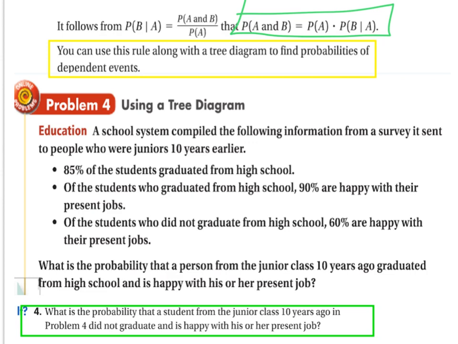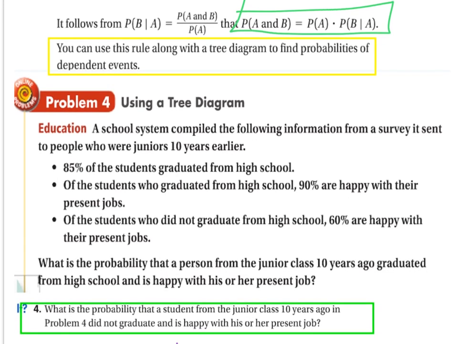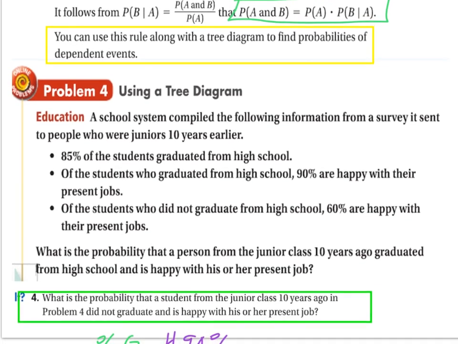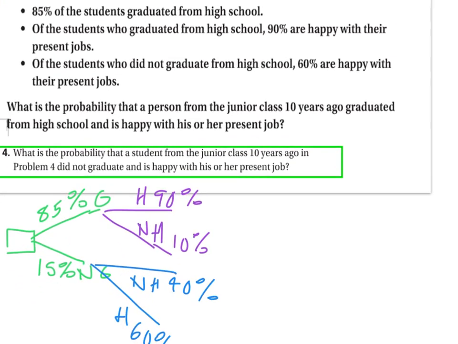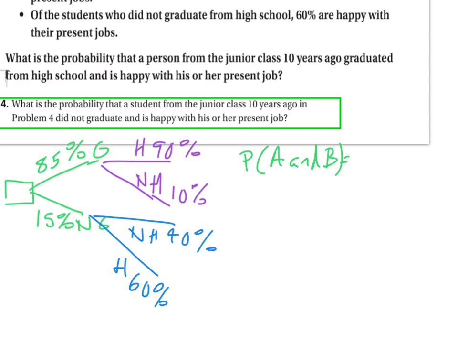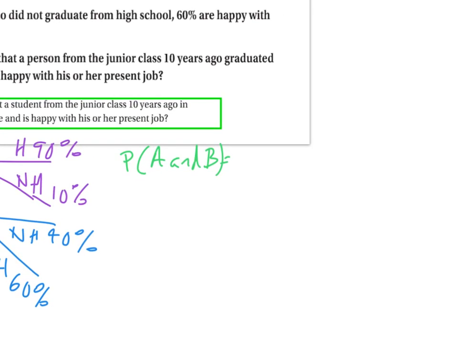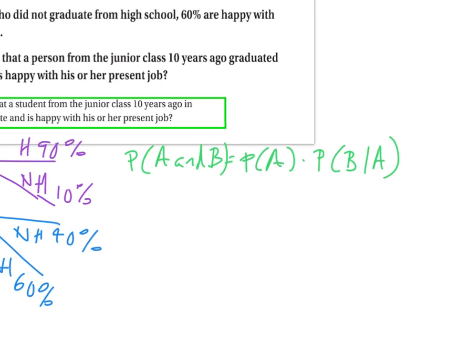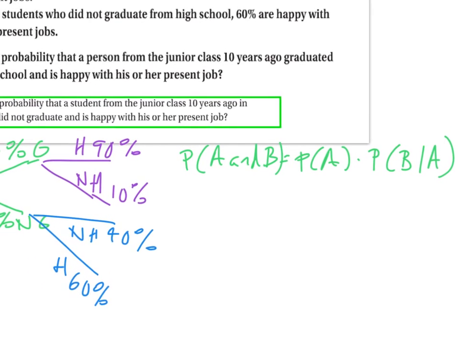Probability of A and B equals the probability of A times the probability of B given A. So that's our formula.